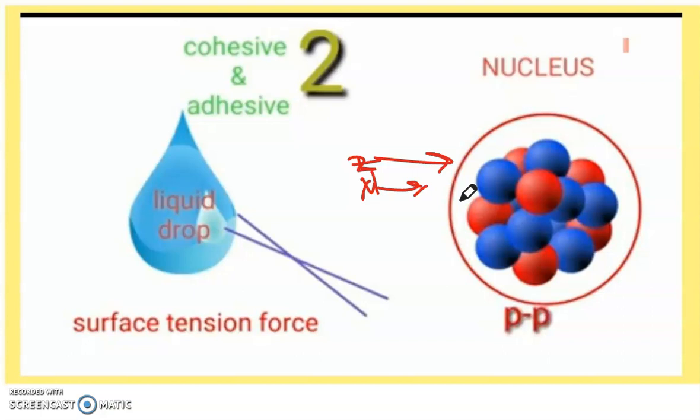This is the same case you can find in the drop of a liquid, and this makes them similar and can help us to consider the nucleus of an atom to be that of the liquid drop.